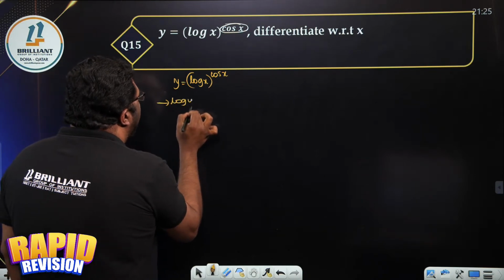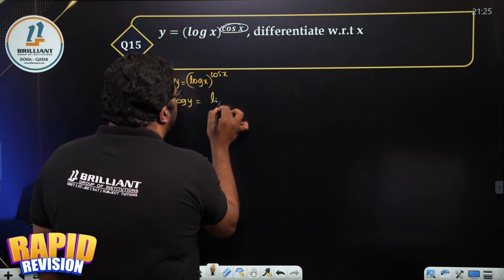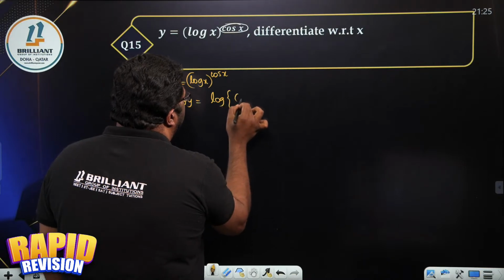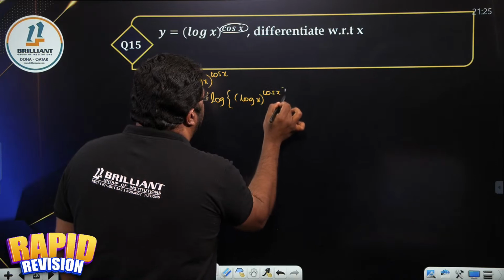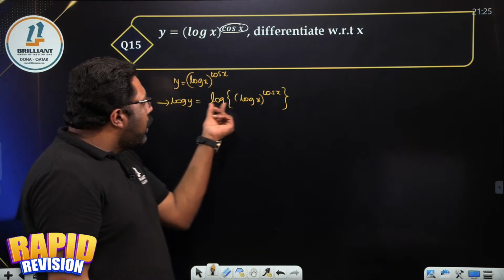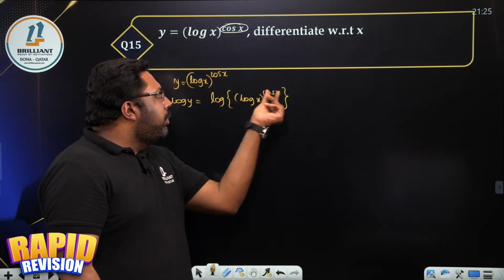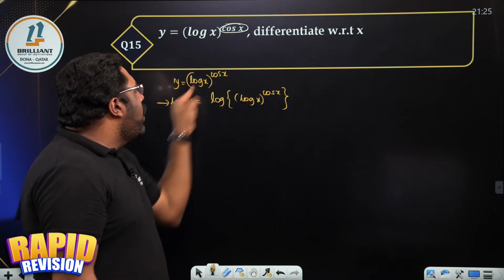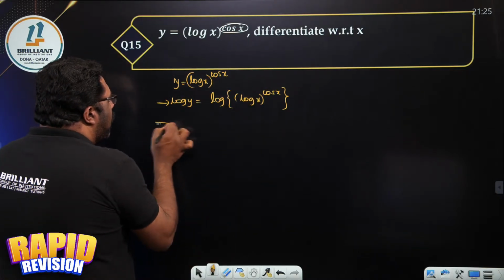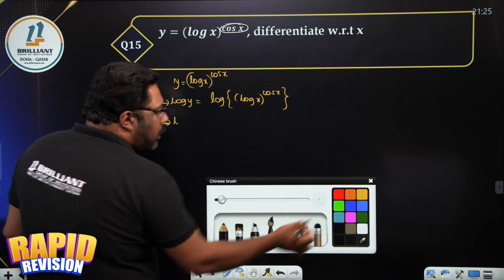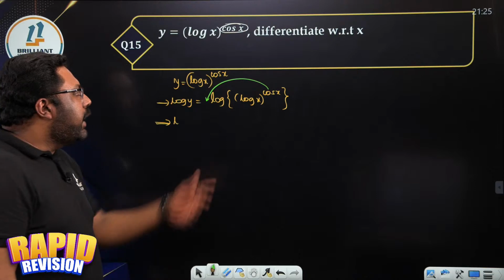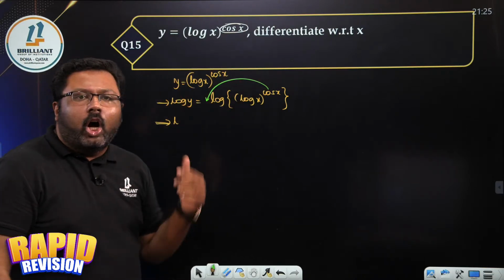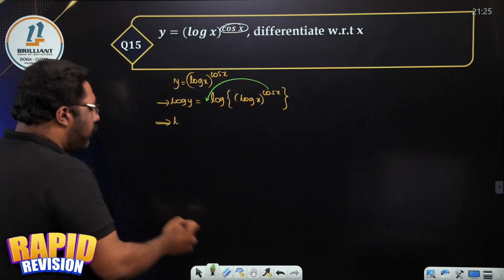So you get log y is equal to log of log x raised to cos x. According to the property of log, if there is a power for the term inside log, it will come down as a coefficient.